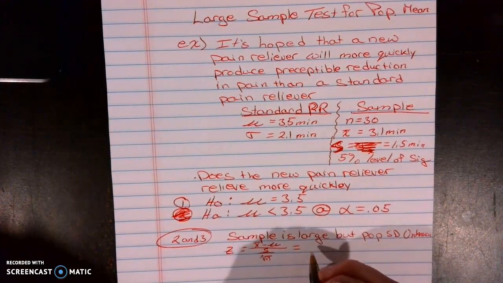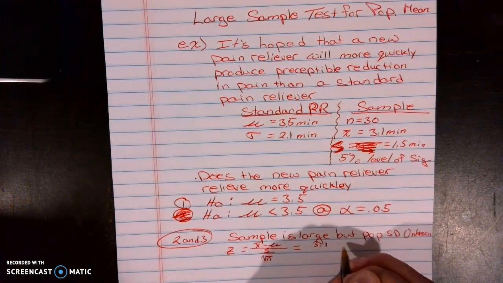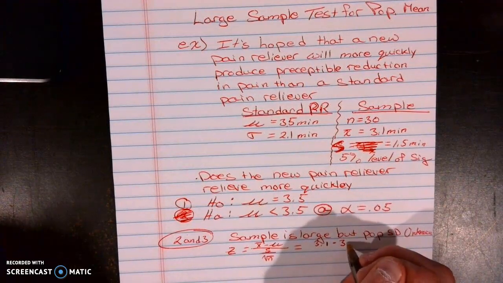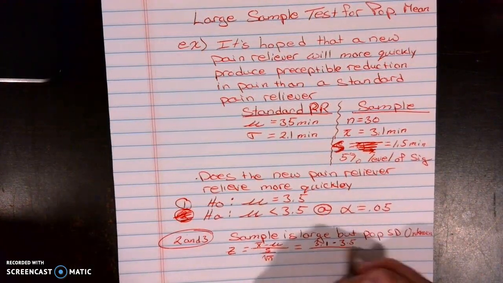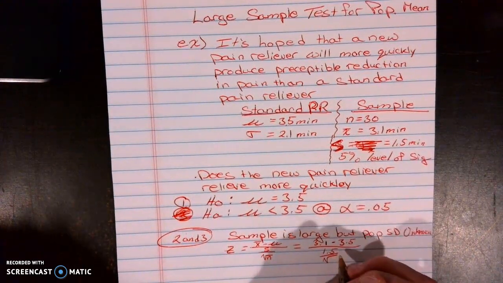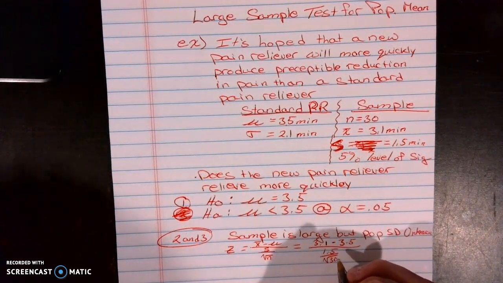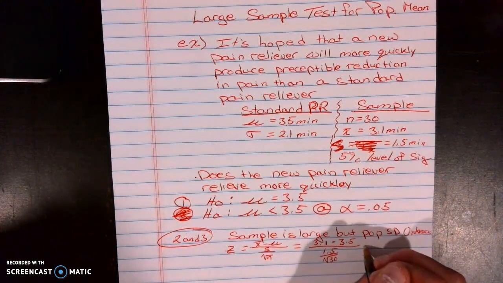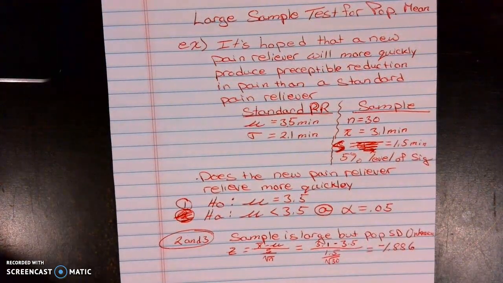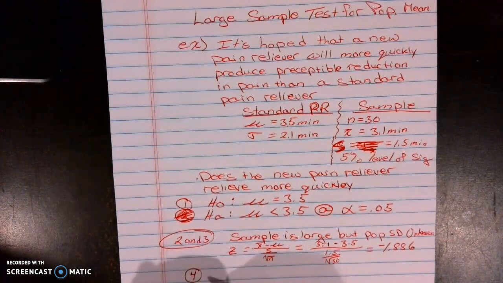Okay, and to calculate this, we're going to do 3.1, because that is our sample mean, minus the mean provided here, which is 3.5, and divide it by 1.5 over the square root of 30, 30 being our sample size. And now when we calculate that, we should get negative 1.886. Okay.